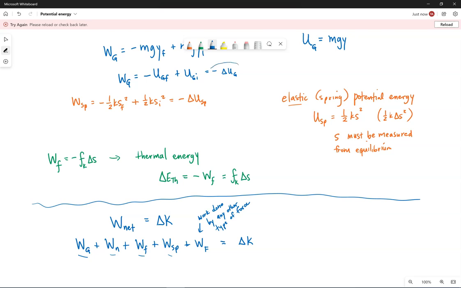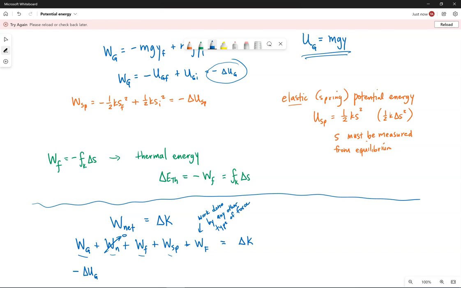But, as we've just mentioned before, we're going to define this stored energy because of what the Earth can do for this object or on this object to change its energy. In place of work done by gravity, I'm going to put negative delta U for gravity. Work done by a normal force is always going to be zero because the normal force is always perpendicular to the surface that the object is sliding on.